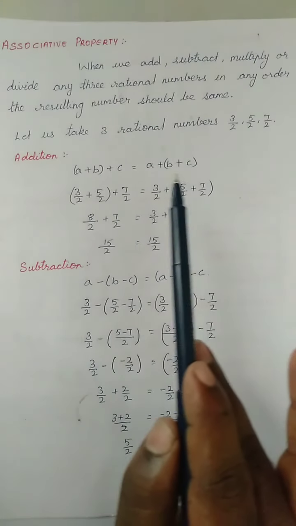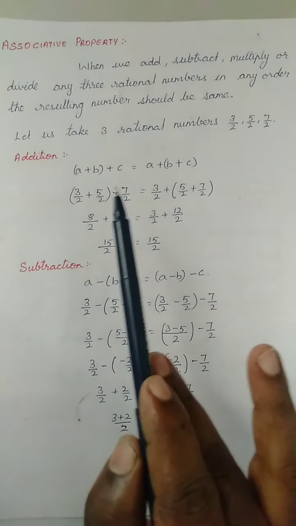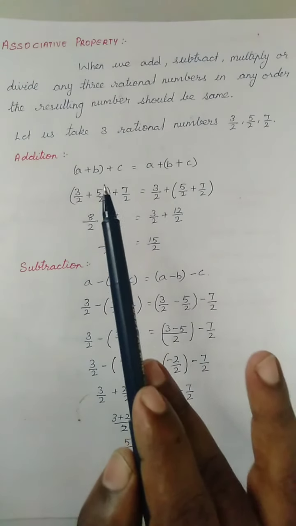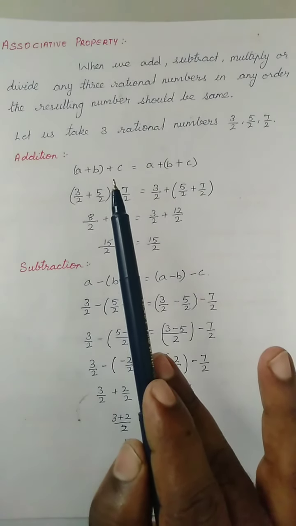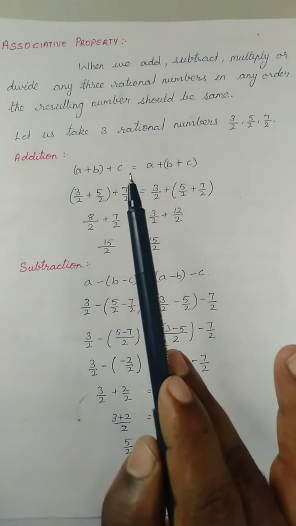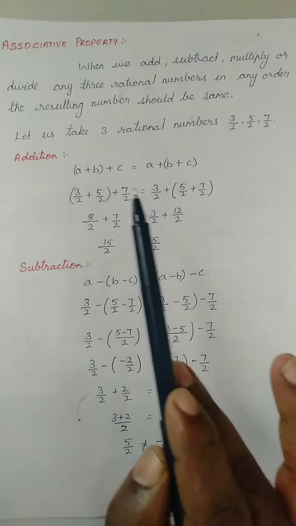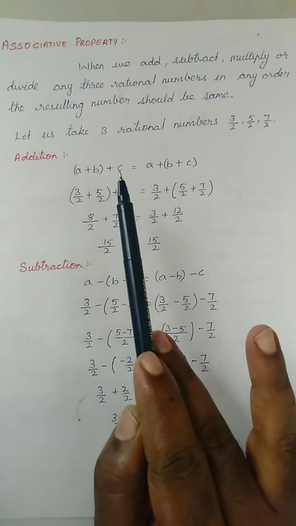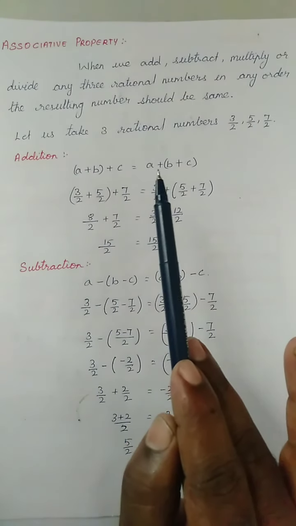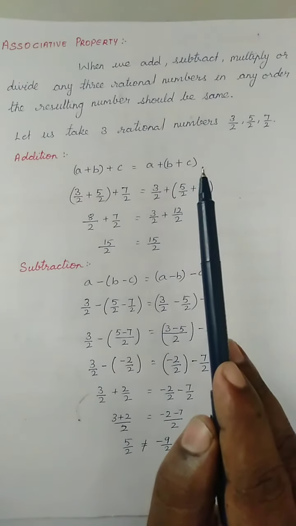Whenever you read an expression within a bracket, you have to read it together. After that, give a small pause, then you can read the next expression with its sign. So let us see, (a plus b) plus c equals a plus (b plus c).